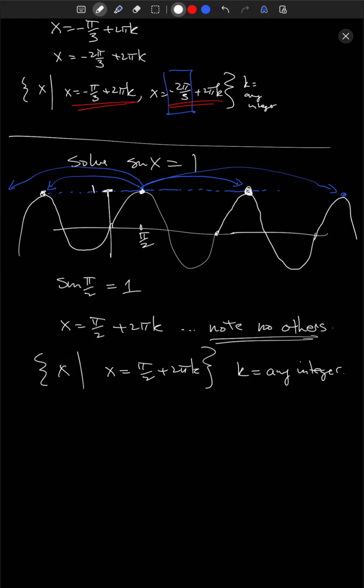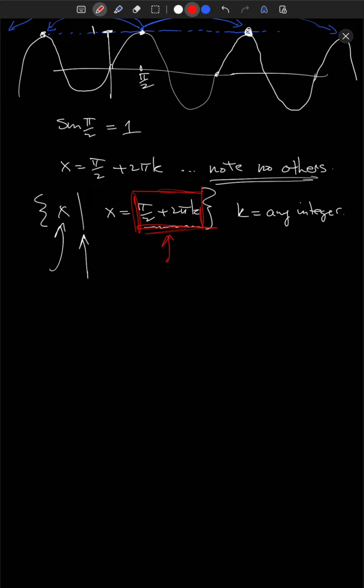The way we read this is that my solutions are any x such that x takes this form. I think this is often a little abstract, so just to emphasize that this is shorthand, let me write down a few solutions. Pi over 2 corresponds to k equals 0. Pi over 2 plus 2 pi, which is 5 pi over 2, corresponds to k equals 1.